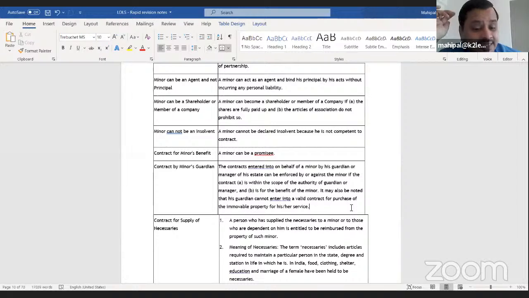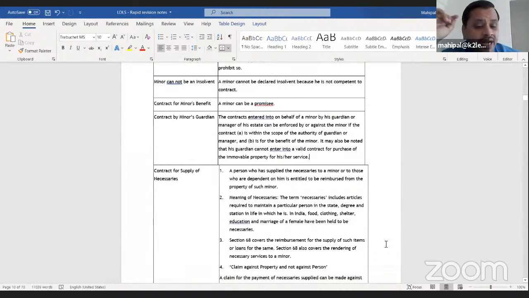Next comes necessaries. Necessaries means all those articles required for a person to live a normal life. In India, necessaries include food, clothing, shelter, education, marriage of female, and other necessaries.